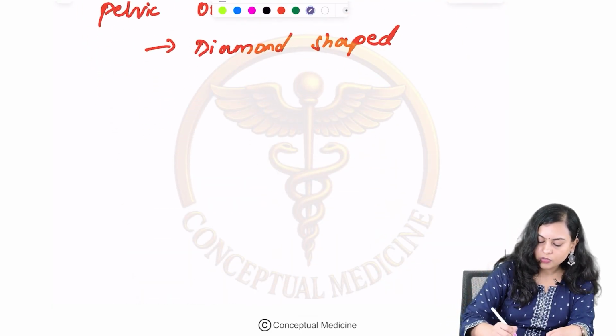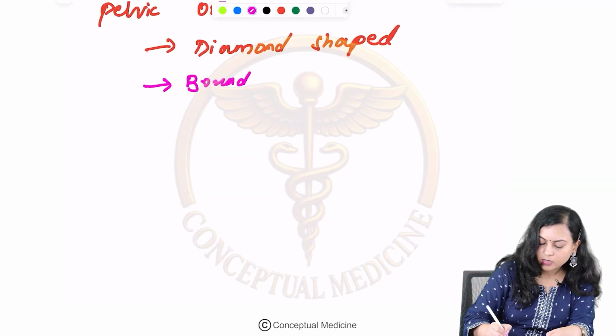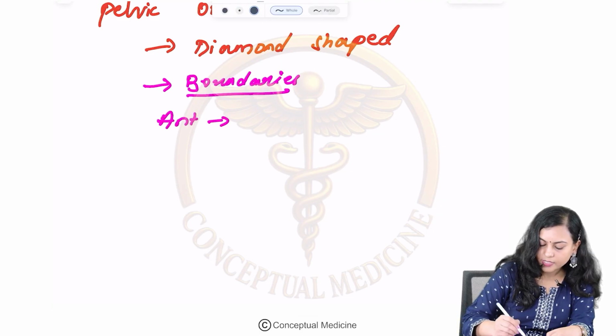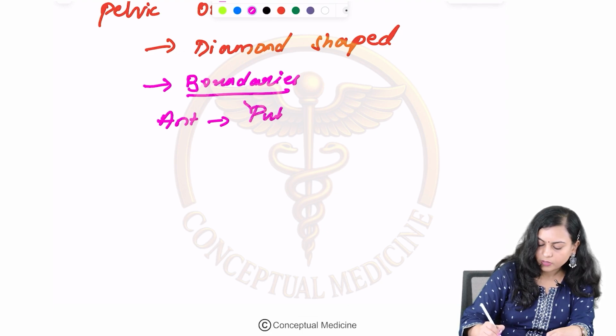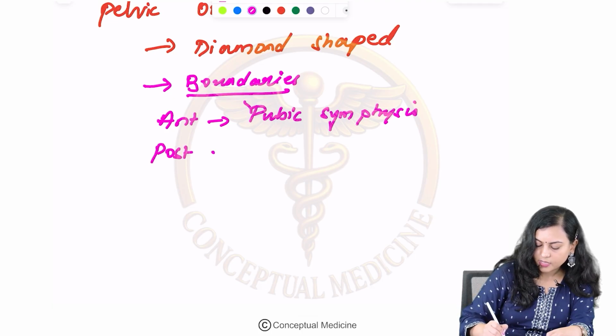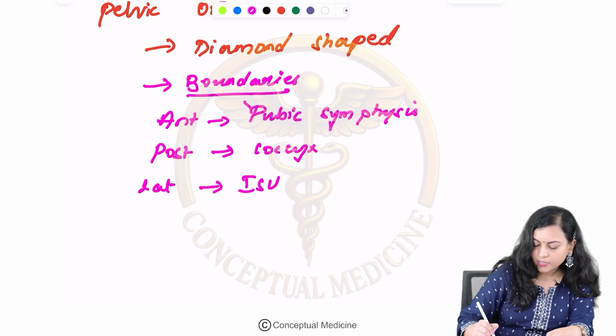So, what are the boundaries as we have seen? Anteriorly, we have the pubic symphysis. Posteriorly, it is the coccyx, and laterally we have the ischial tuberosities.